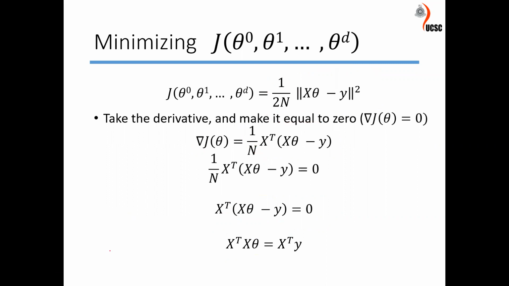You can basically cancel this x transpose with x transpose, but only if it is not equal to 0, then you can cancel it from both sides. In this case, you cannot do that. So now you end up with x transpose x theta equals x transpose y.